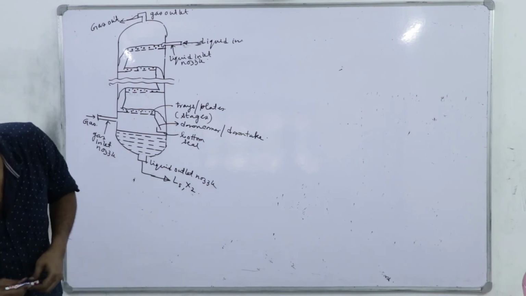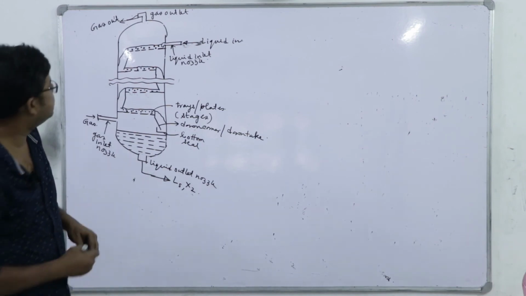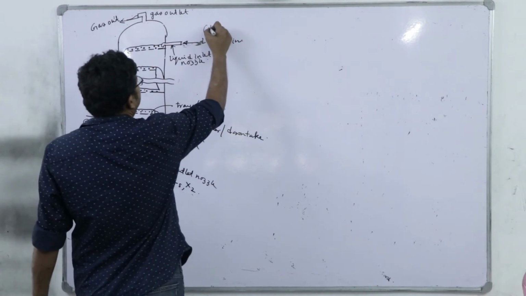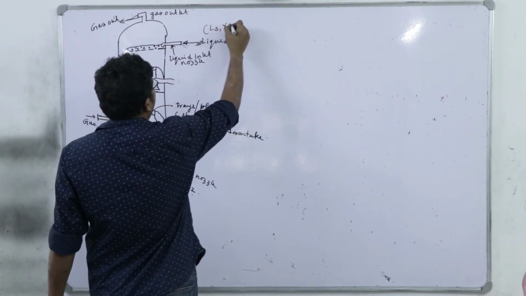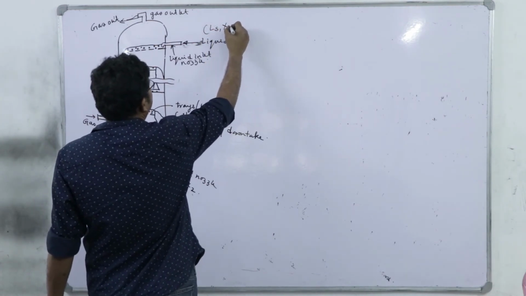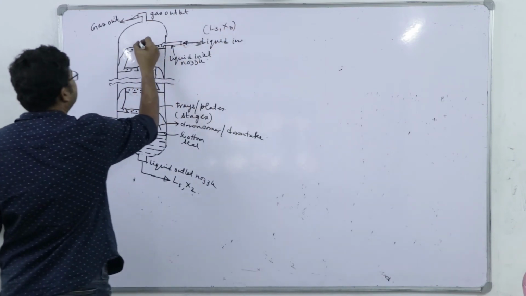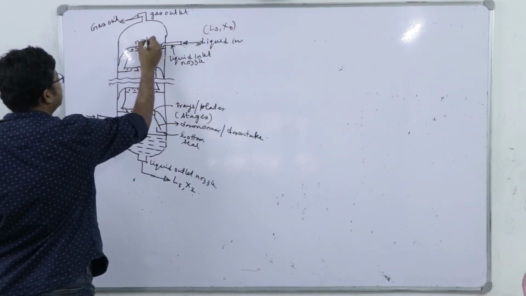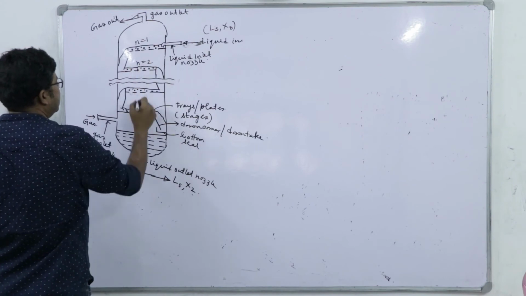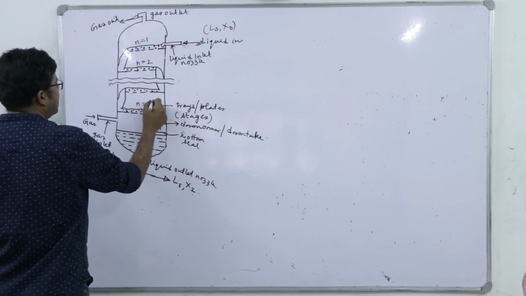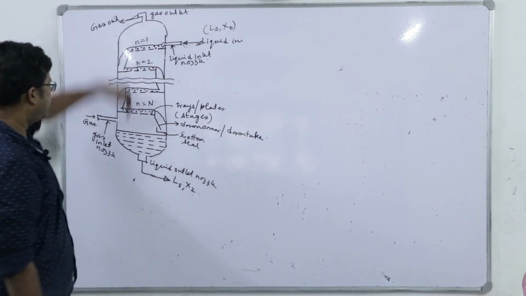Okay. So here the liquid will be Ls and X0. The trays are numbered from the top: 1, 2, up to N, capital N.